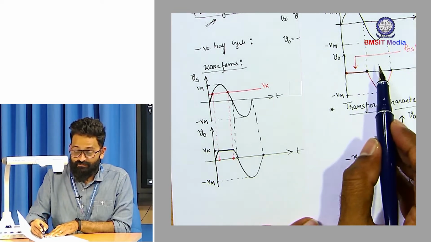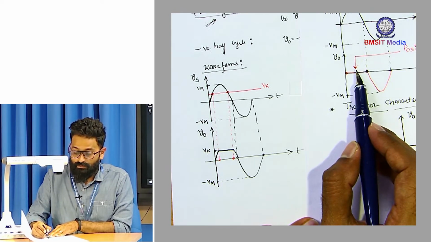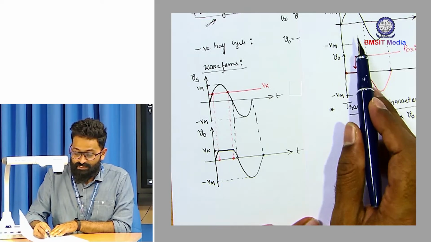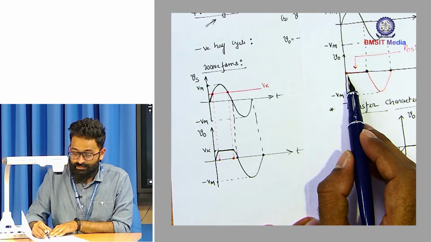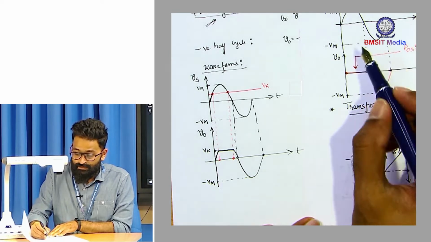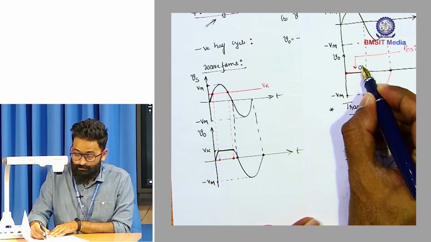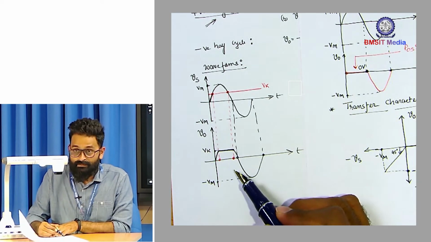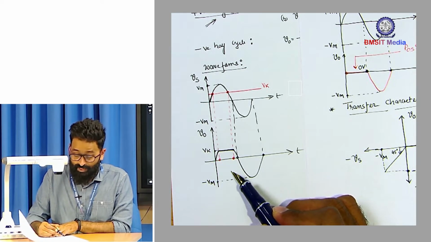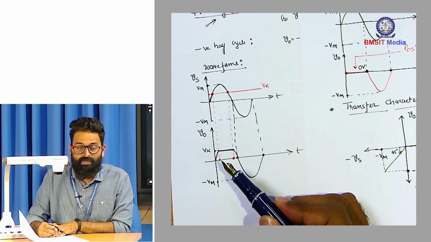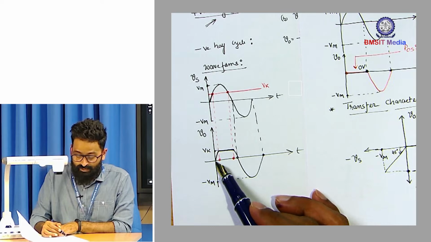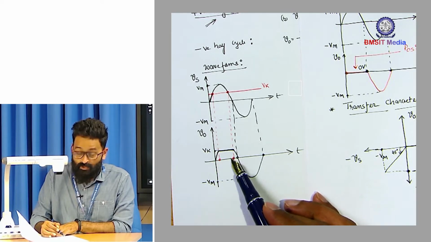So in case of ideal diode, what you are seeing over here is that the positive half cycle of the input is clipped at 0 volt level. On the other hand, if you look at the practical diode, wherein we have considered the barrier potential as Vk, the positive half cycle of the output is not clipped at 0 volt level.